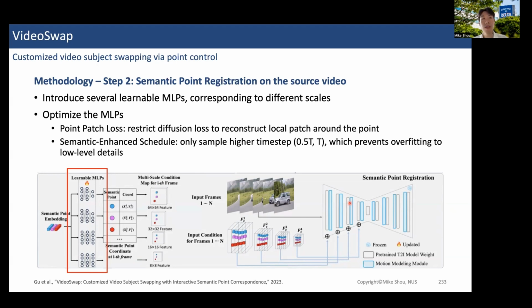So in order to actually train these projections, these MLPs, we need to, of course, define some objectives. Specifically, we use the diffusion denoising reconstruction loss. But because we are only concerned about the point, we only reconstruct the local patch around the point. Another strategy we found to be useful is the so-called semantic enhanced schedule.